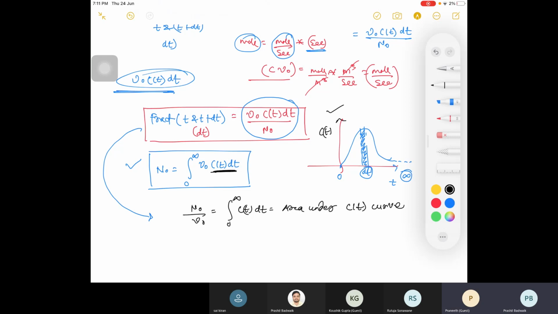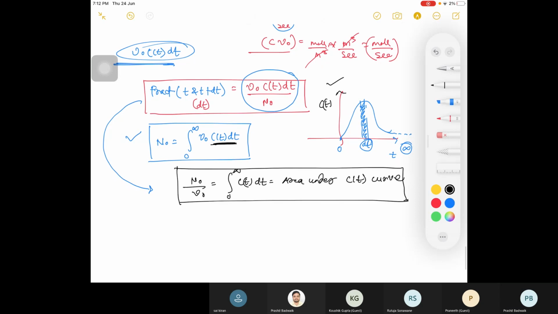And how did you get this concentration curve? Using your detector at the exit. The detector has detected the concentration of tracer at different times, and you got this profile. This is your area under the C curve.